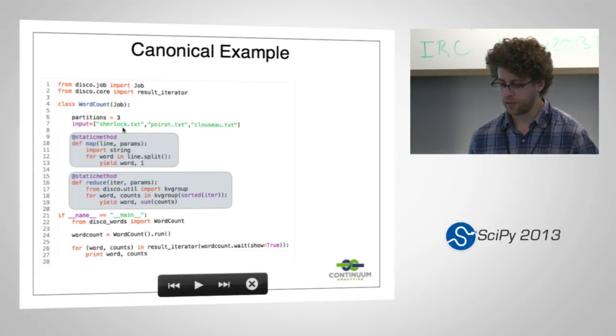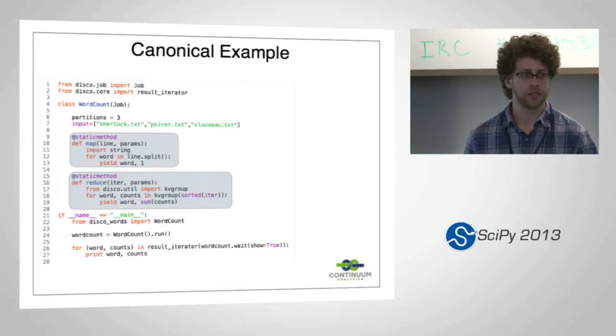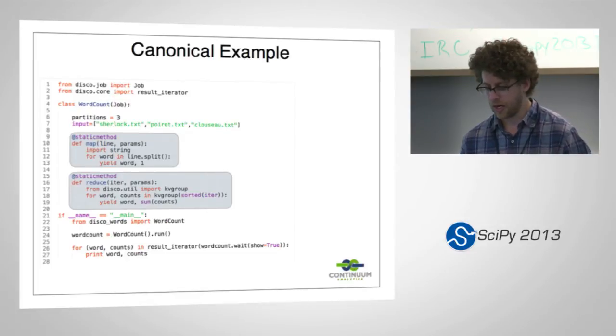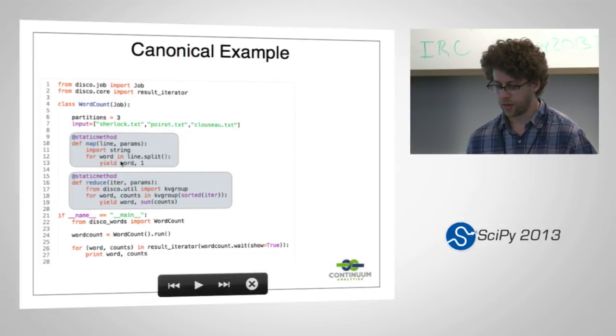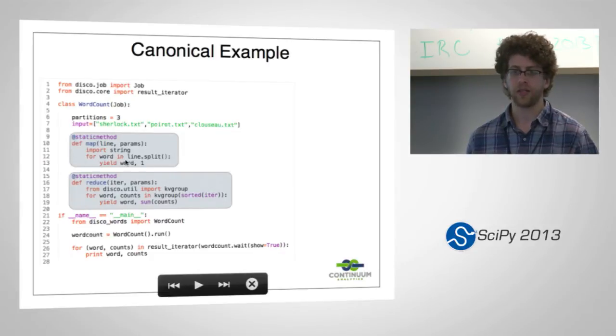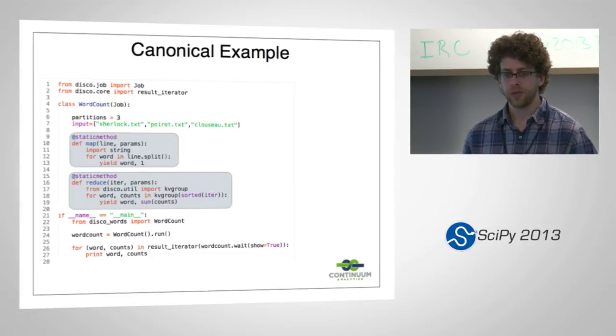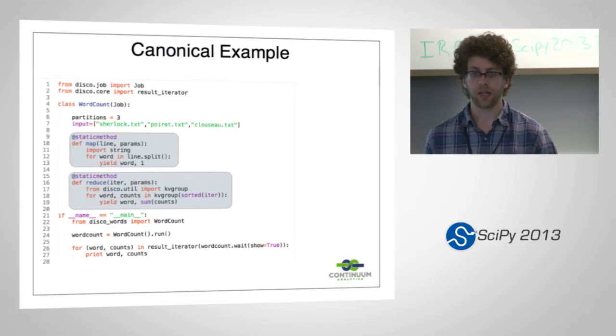In the map function, what we want to do is count the number of unique words that exist in the file. So how many thes, how many a's, how many Sherlocks, how many Poirots. We key off of that word and assign it the value 1. The reason we do that is that all of the same keys are going to go into the same bucket.